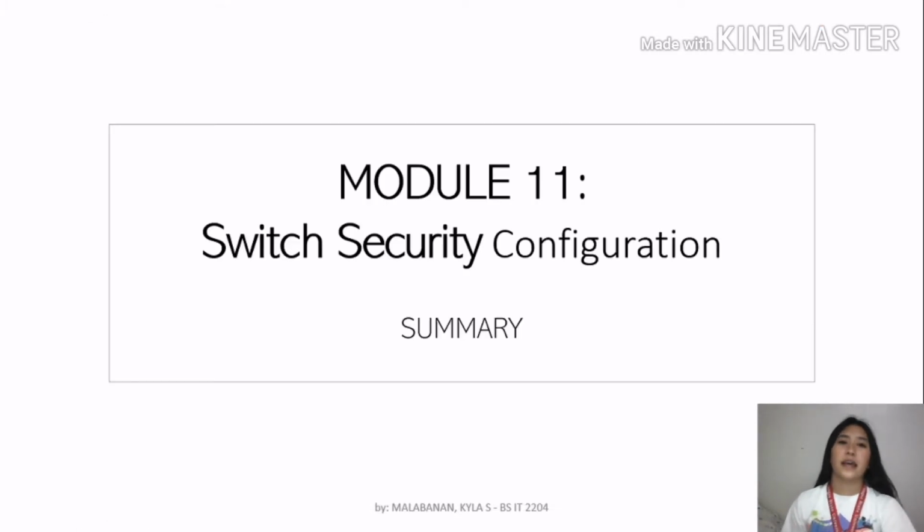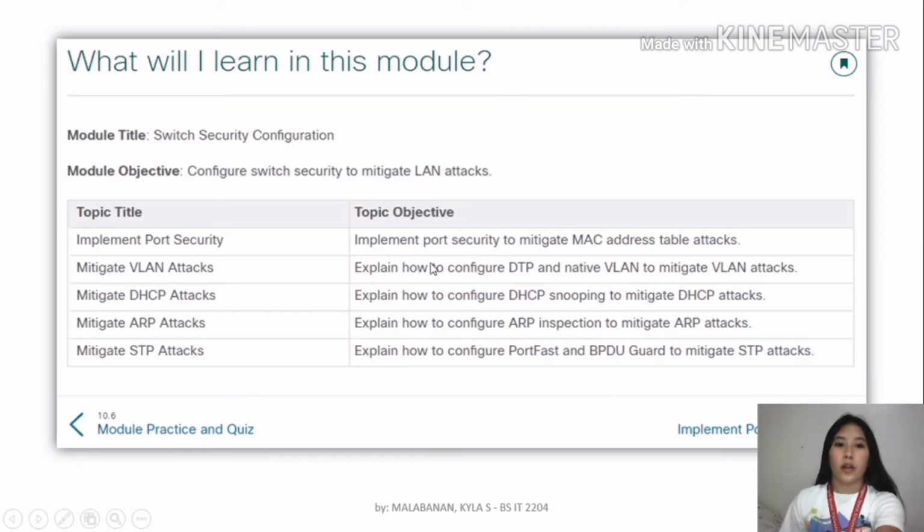Next is Module 11, Switch Security Configuration. We'll learn to implement port security to mitigate MAC address table attacks, under the topic title Implement Port Security. Explain how to configure DTP and native VLAN to mitigate VLAN attacks, in the topic Mitigate VLAN Attacks.